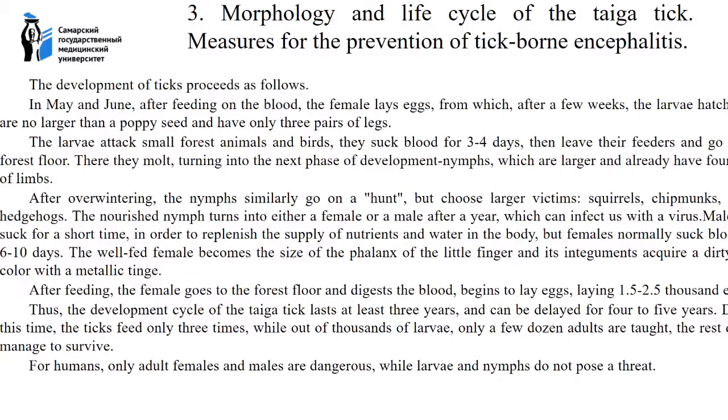There they molt, turning into the next phase of development, nymphs, which are larger and already have 4 pairs of limbs.